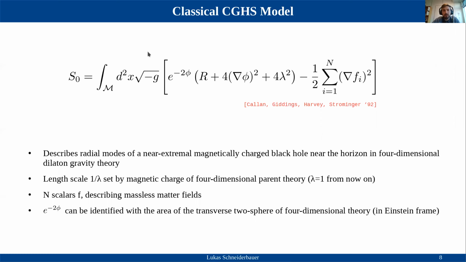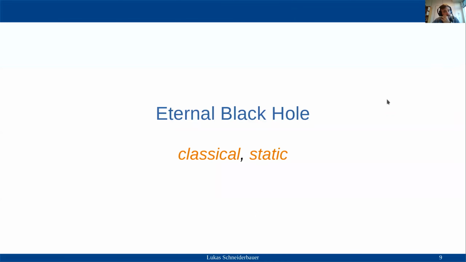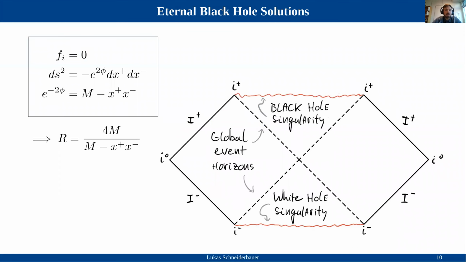Okay, so now we can take this action, compute the equations of motion, and present some solutions. One of those solutions we are interested in is a 1-parameter family of solutions, which are interpreted as the eternal black hole solutions. So how does this look? We switch off the matter fields, so we have no matter fields around.